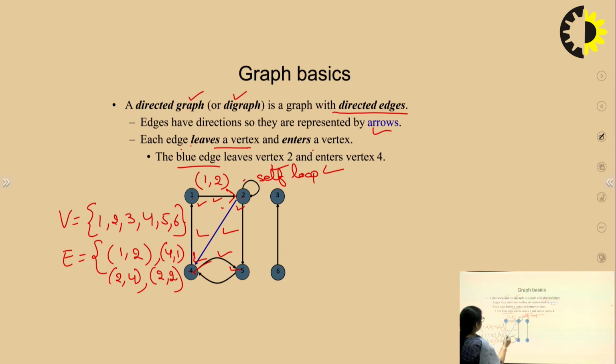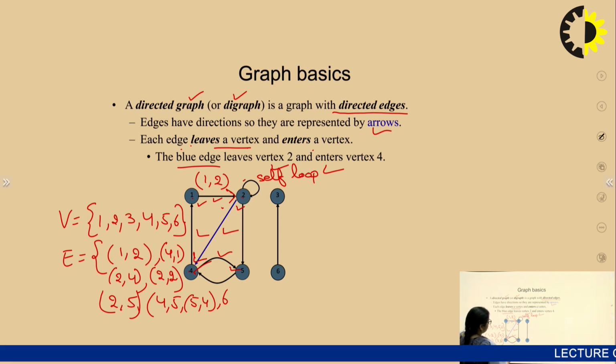We have written this edge, now 2 to 5, 4 to 5, 5 to 4, 6 to 3. So how many have we written? 1, 2, 3, 4, 5, 6, 7.